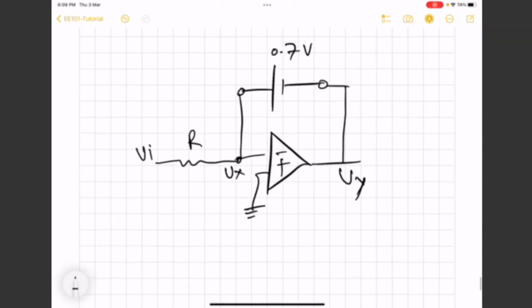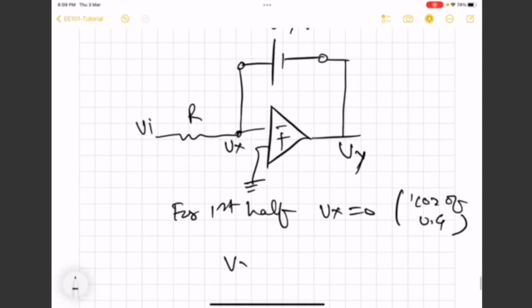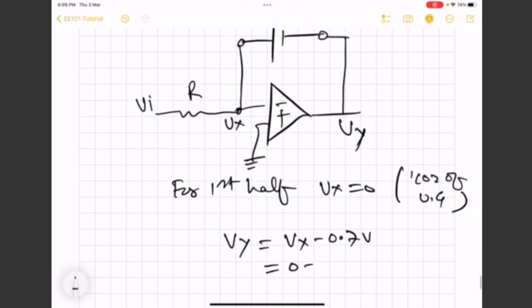So we have already concluded that for first half, Vx is 0 because of virtual short or virtual ground. Now you can see that Vy is nothing but Vx minus 0.7 volt, and Vx is 0.